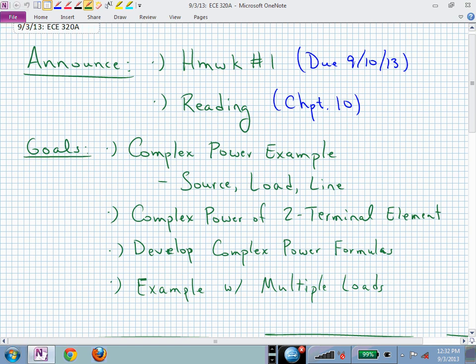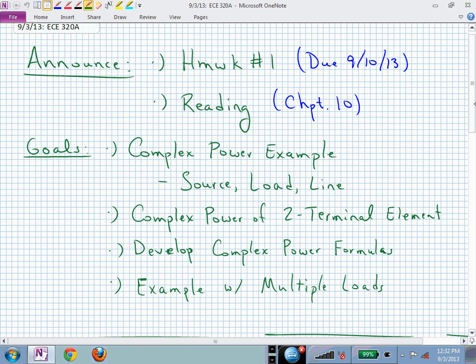And I want you to make sure that you're clear on the passive sign convention and what that means relative to is power being absorbed or supplied. And you could have the real power being absorbed and the reactive power being supplied, or vice versa. Or they could both be being absorbed. They don't have to both be one or the other. They can play with whether they're absorbing or supplying that power.